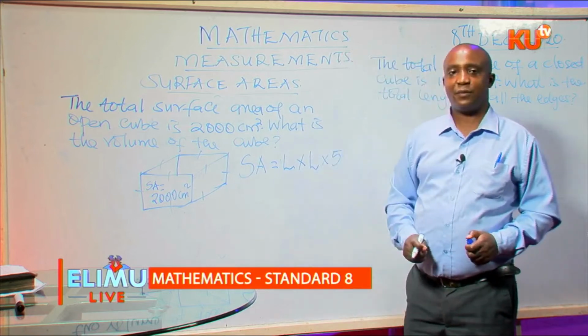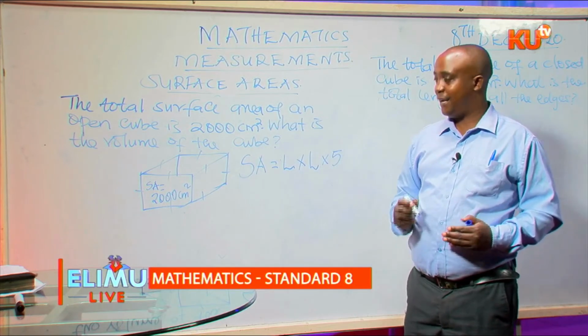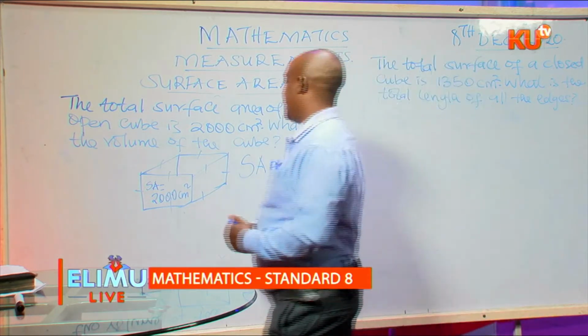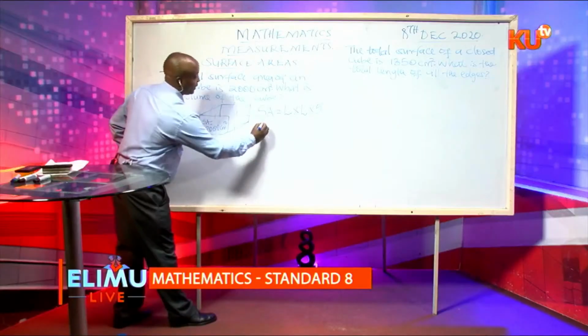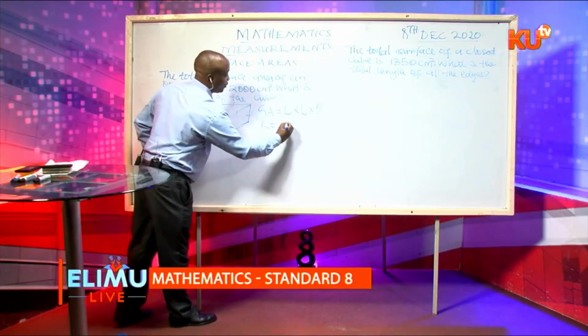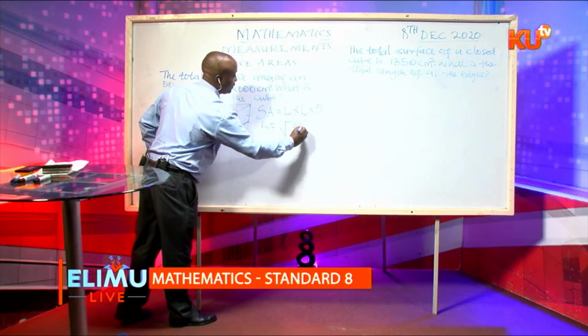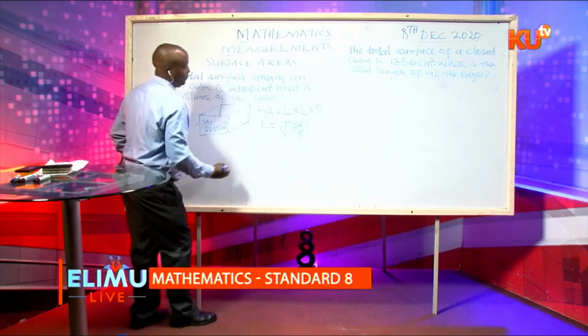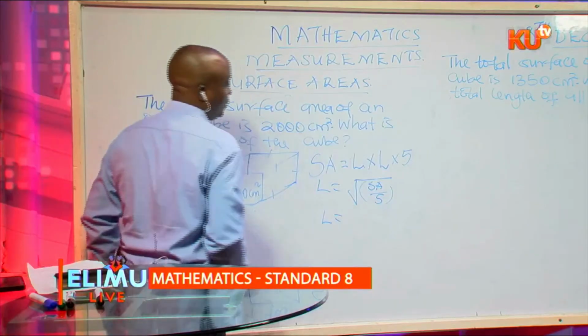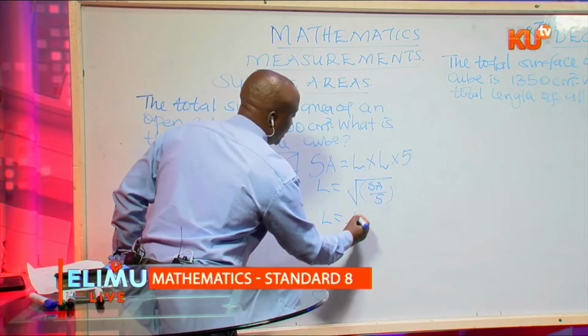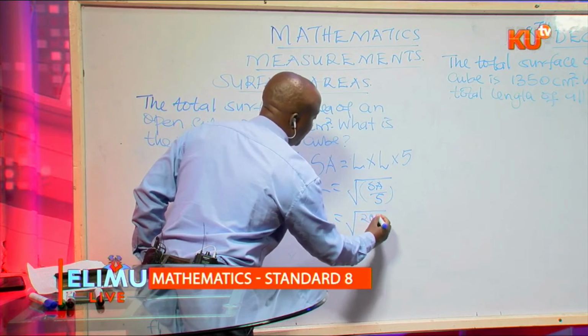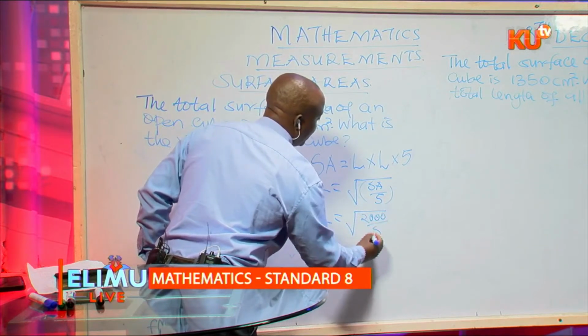So the question is, what is the volume? So we have to find the length of one side. So to find the length, we have said you take the square root of the surface area divided by 5. So you're going to say length is equal to the square root of 2000 divided by 5.